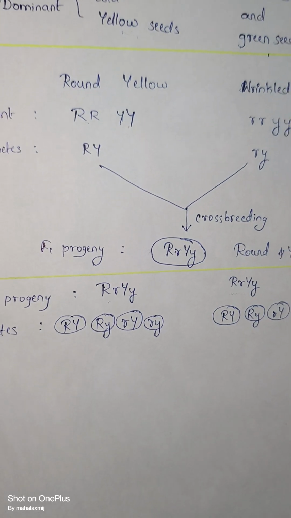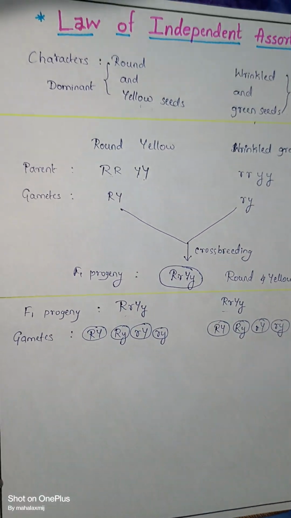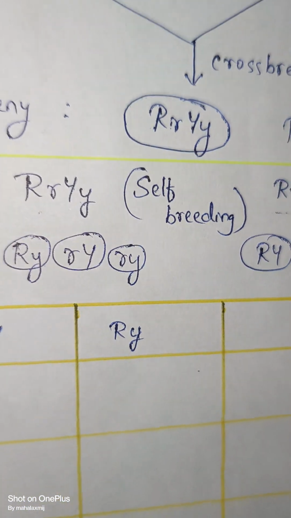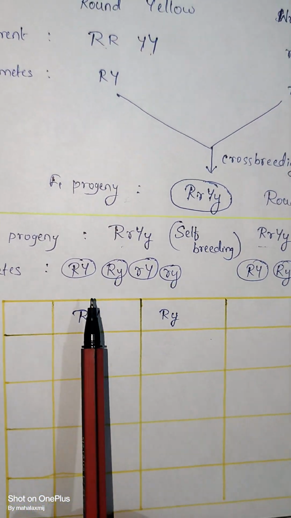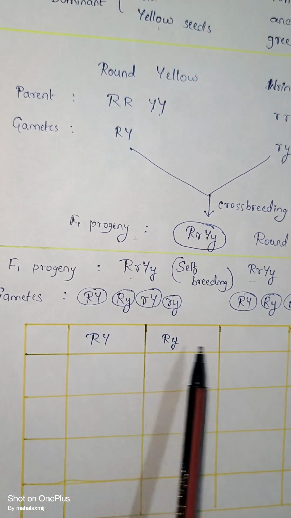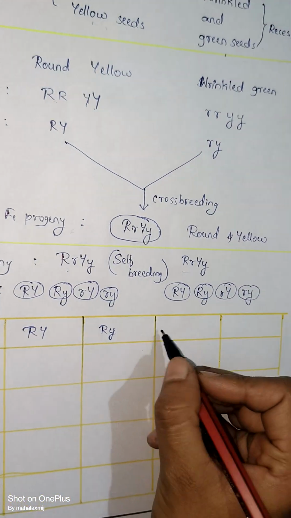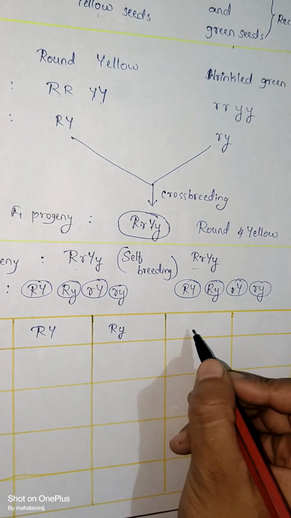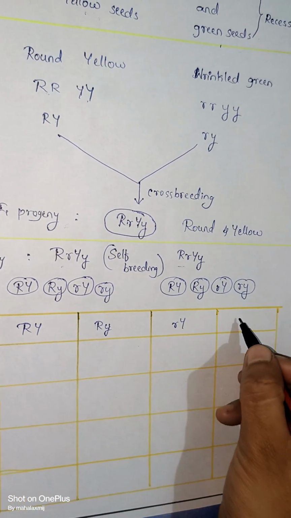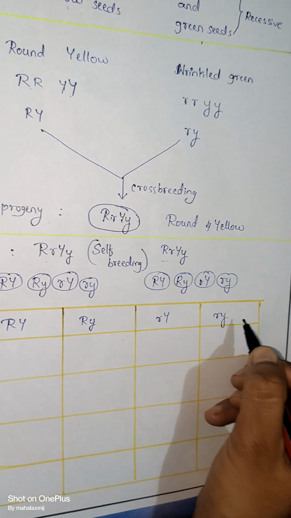Now to obtain the F2 progeny, we go for the Punnett table method. In the Punnett table, we write the gametes of one of the offspring in the row: capital R, capital Y, capital R, small y, small r, capital Y, small r, small y.